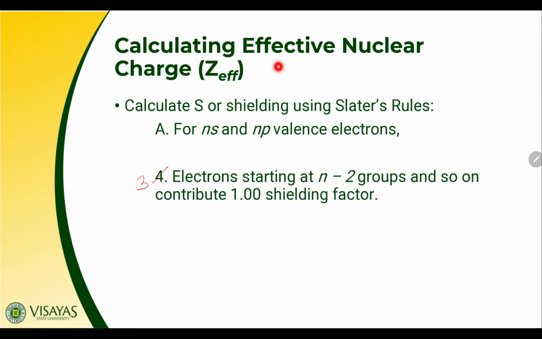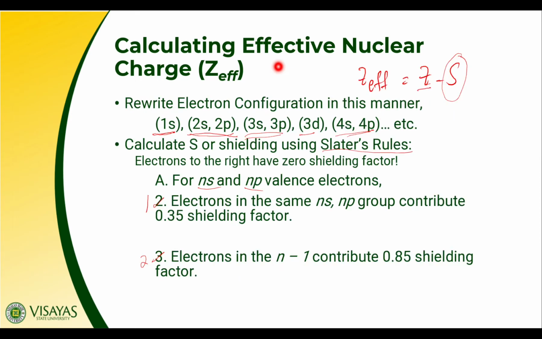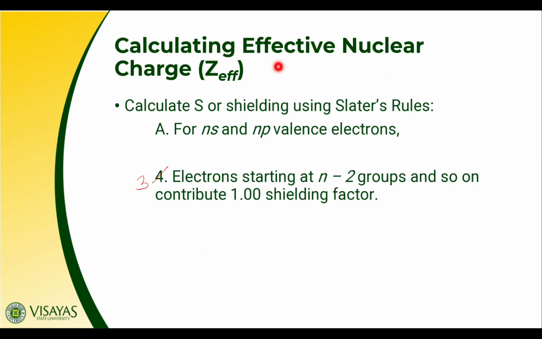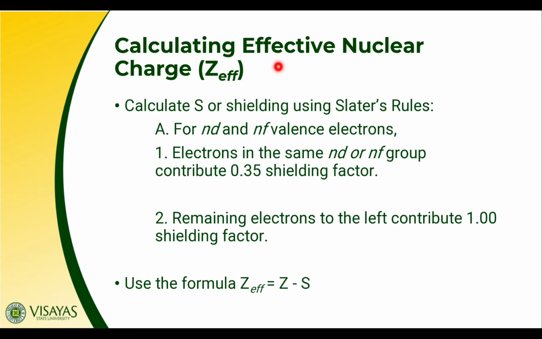Electrons starting at n-2 groups and so on contribute 1 shielding factor. For nd and nf valence electrons, electrons in the same nd or nf group contribute 0.35 shielding factor, while the remaining electrons to the left contribute 1 shielding factor. Again, this is our formula for ZF.